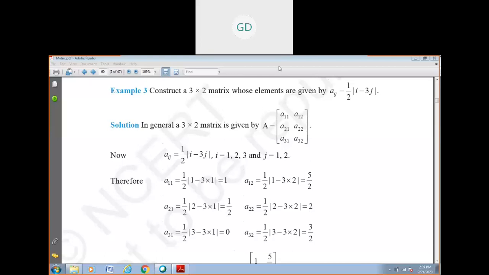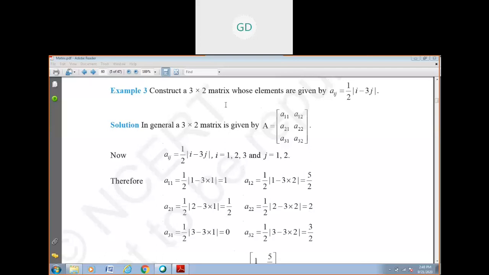As I told you in the last class, a matrix is an arrangement of some elements within certain rows and columns, and to construct that matrix we must have elements.